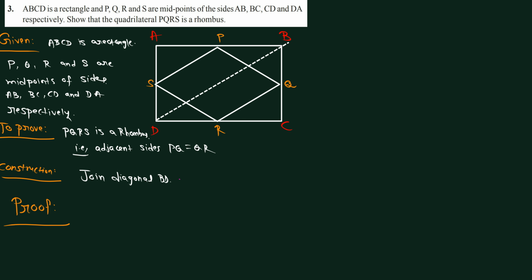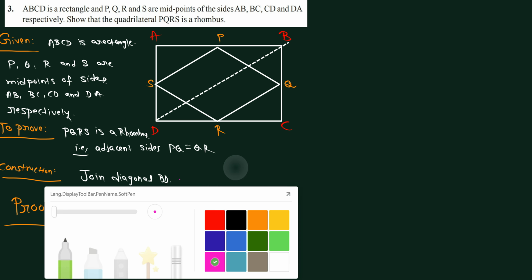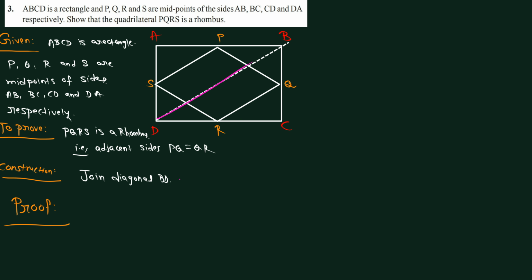P and S are the midpoints of the sides AB and AD. BD is a diagonal, and PS is parallel to BD, and also QR is parallel to BD. Now you take triangle ABD.